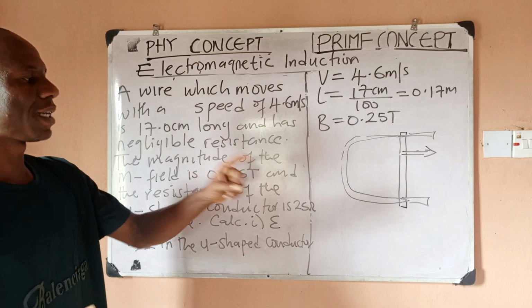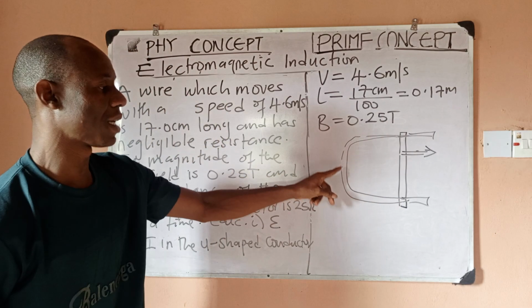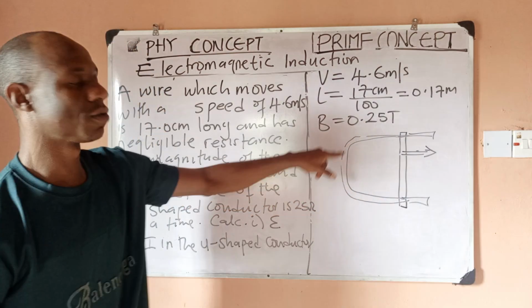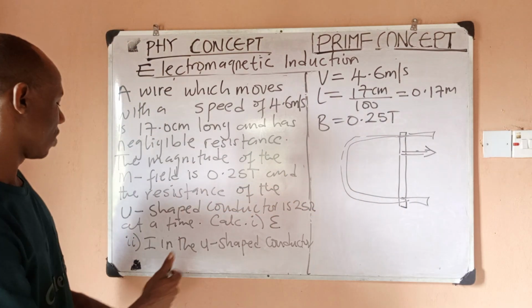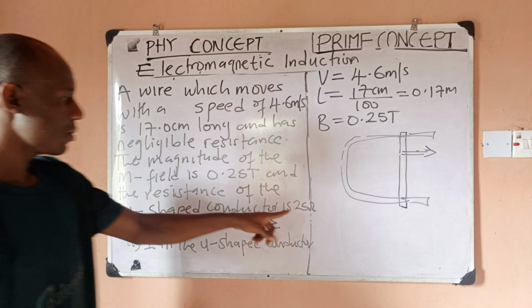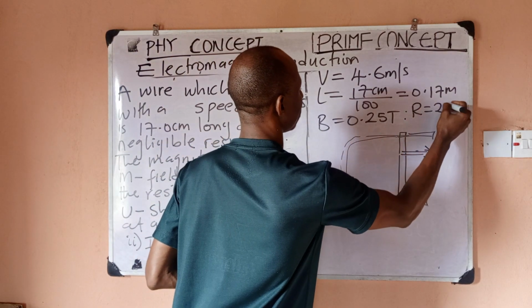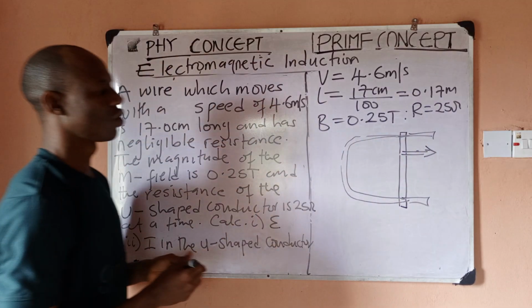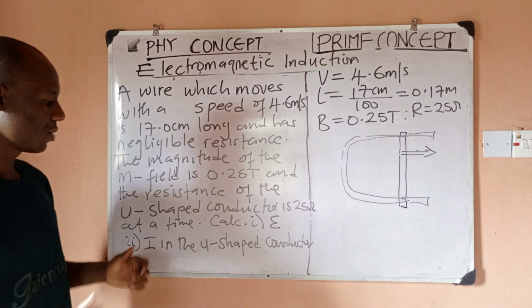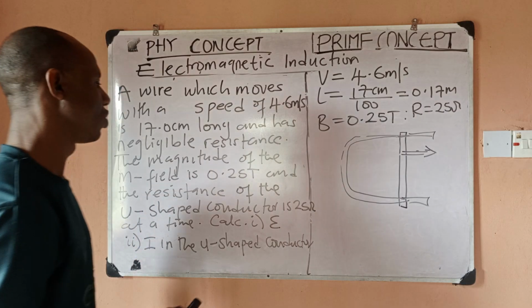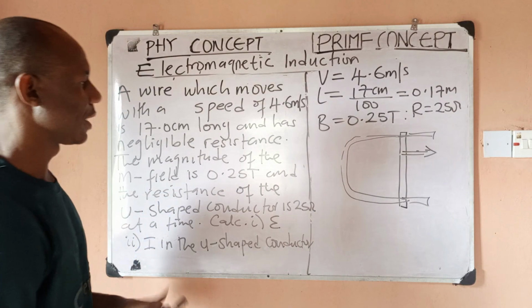So they want us to find the current that will flow through this path, noting that the resistance of this path where the current would flow is given to us as 25 ohms. So the resistance R is 25 ohms of that U-shaped closed path. So that is just what they want us to find. The same concept is what we are going to use to find that.